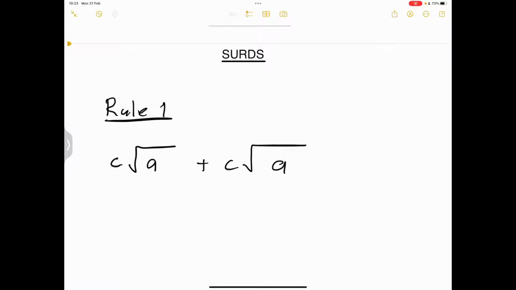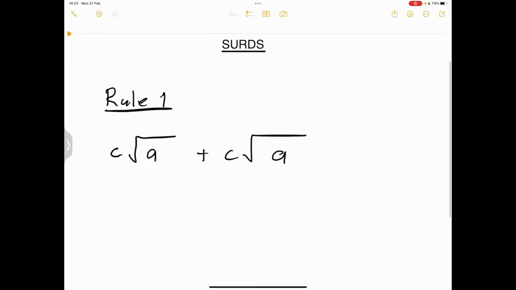So for instance, we cannot add surds that are not necessarily the same.